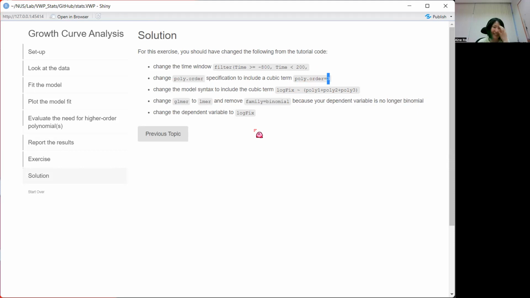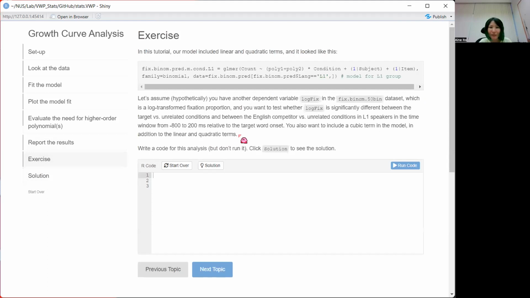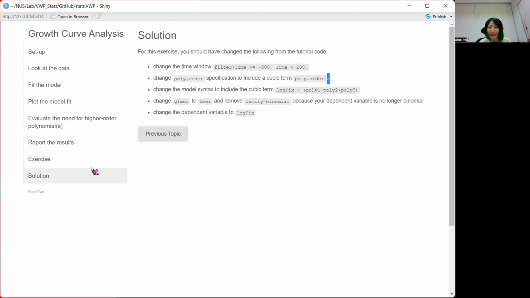Then you change the GLMER to LMER because of the log transform of the fixation proportion. So now it's a log, no longer a binomial value.